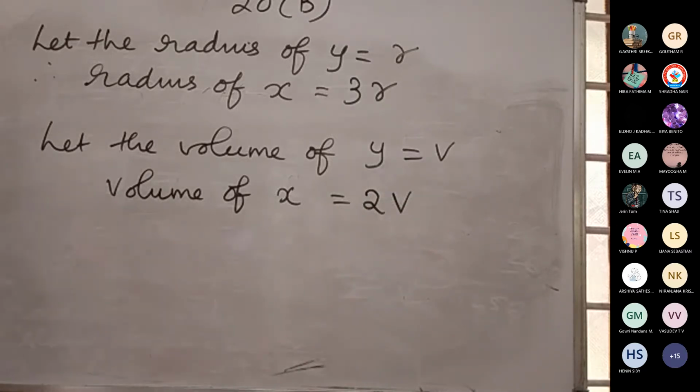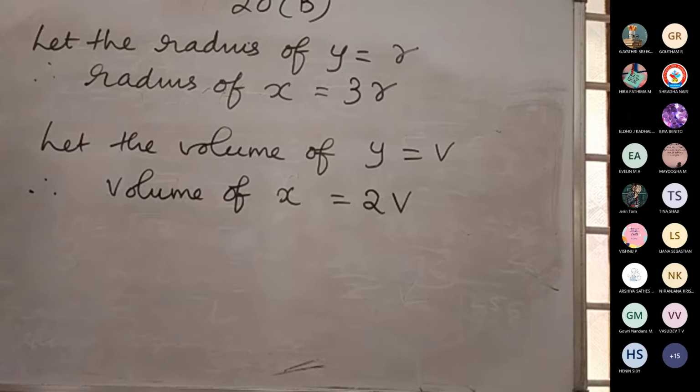So listen properly and write. Let the volume of Y be equal to V. Therefore, the volume of X is equal to 2V. Using that sentence, mark it and study. Sometimes it will be difficult to take that. The volume of Y is V and the volume of X will be 2V.